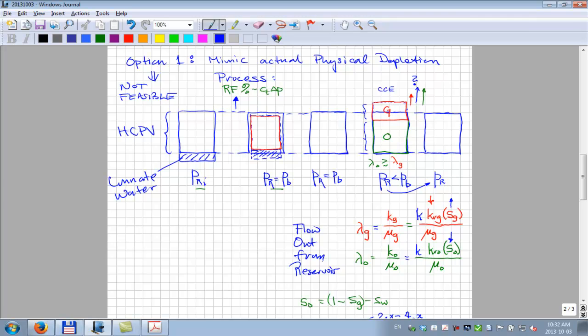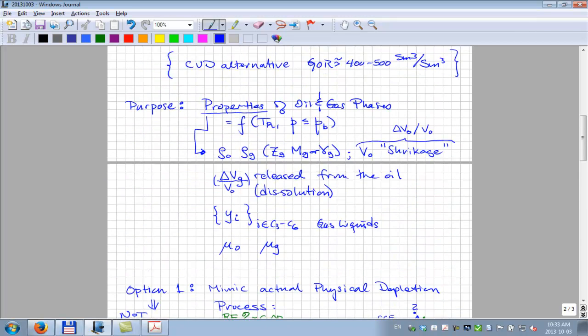In the perfect world, if we actually did the reservoir depletion process as it was supposed to be done, how much difference would the oil and gas density be at a given pressure? Viscosities and shrinkage. That's the question you could ask.